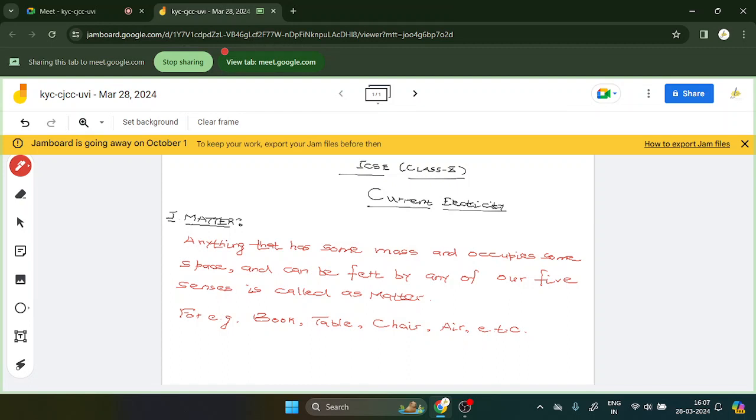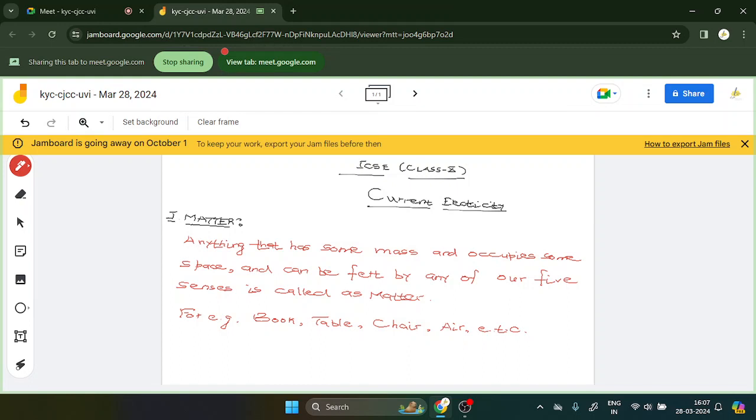That's the reason why it is called matter. Table, you are sitting on the table, there is some space which is being occupied by the table. Table has some mass, you can feel the table through your five senses, right? Through your skin you can have the sensation that you are sitting on the table. Then chair, air is also matter, although you are not able to see it, it still has some mass, it is occupying space in our atmosphere, right? That's the reason why it is called matter.